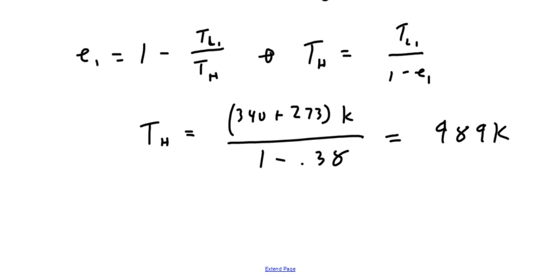Okay, well so that's my T hot. And then my efficiency 2 is going to be 1 minus the temperature low 2 divided by the T hot, which I already calculated, and I want that to be 45%, 0.45.